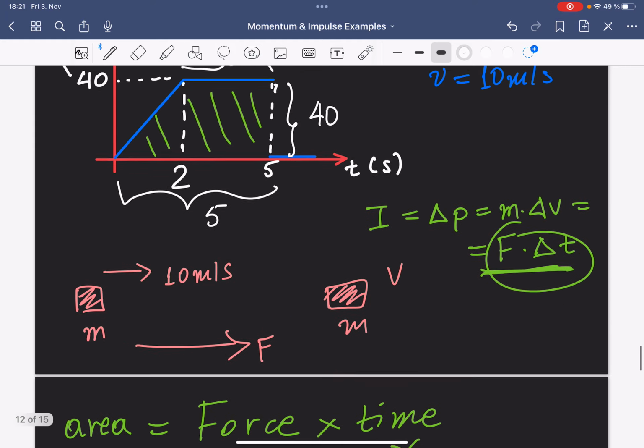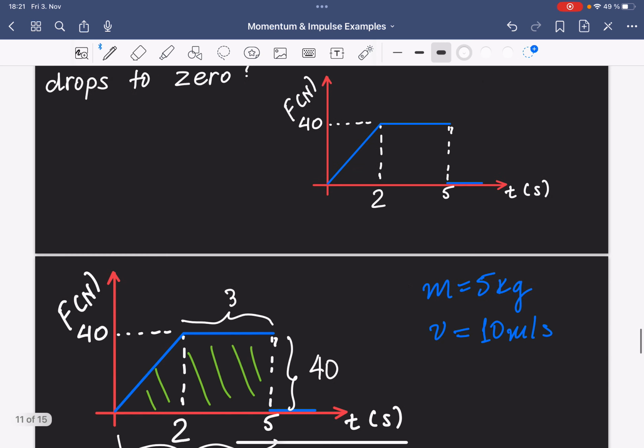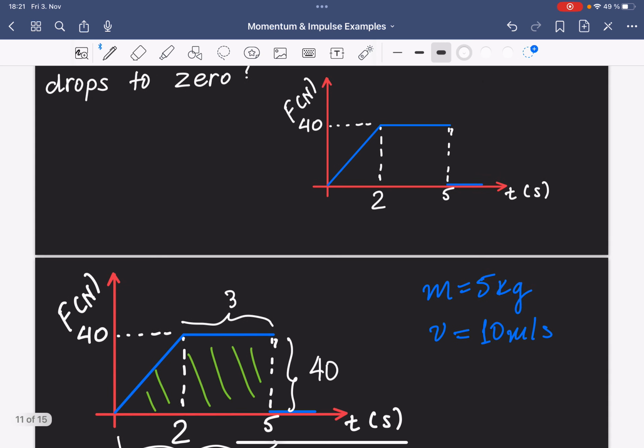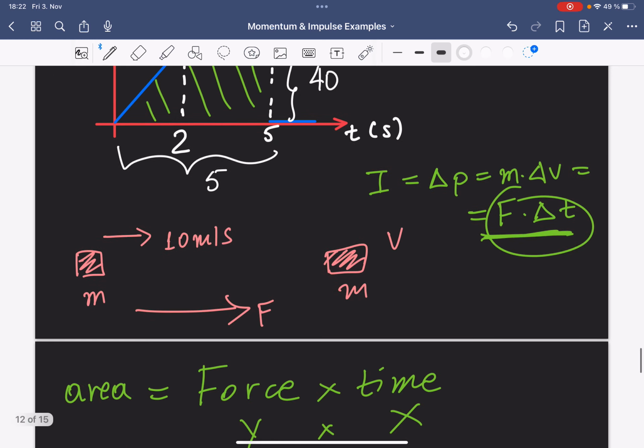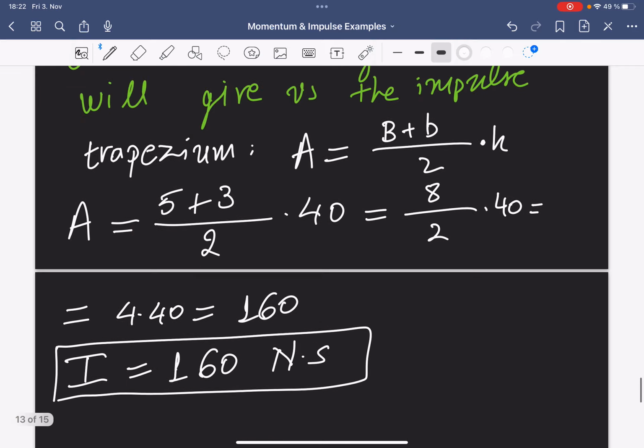Now we also want in question B the final velocity. The moment you hear final velocity, you should think of change in momentum, because the change in momentum has the initial and the final velocity. So if you go on these expressions here, we have that the impulse is equal to change in momentum, so m times delta v.